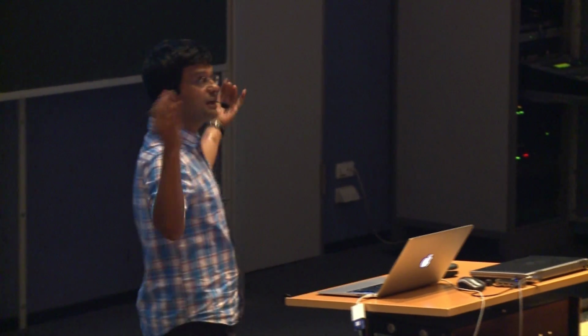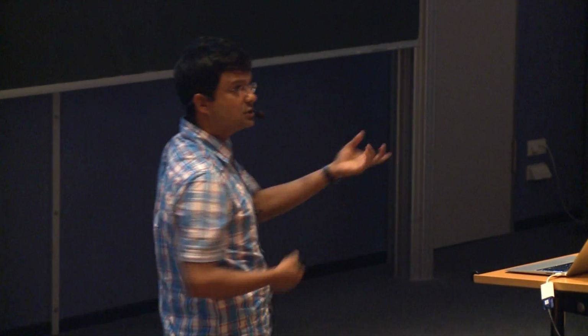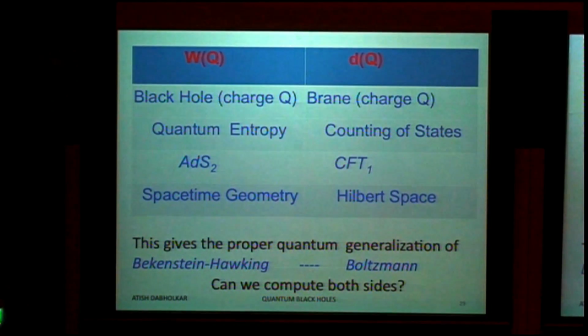Just like in our example of a nitrogen gas, on the left hand side you would be doing some experiments by heating the gas in this room, or a black hole on the left hand side. Of course, that's described by space-time geometry, and then the right hand side is the counting problem that you were doing. On the left hand side, therefore, you have a black hole.